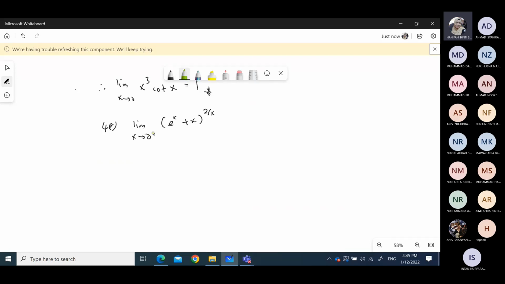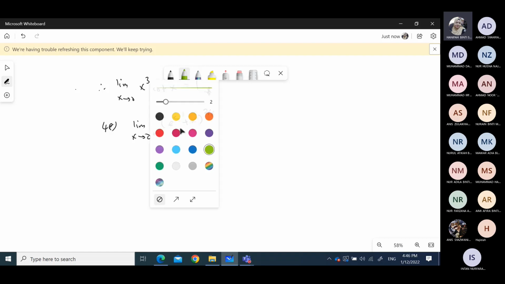Okay, so find the limit of exponent of x plus x where x is approaching to 0. So this one, exponent you akan dapat 1 plus 0. 1 plus 0. So here we have 1.